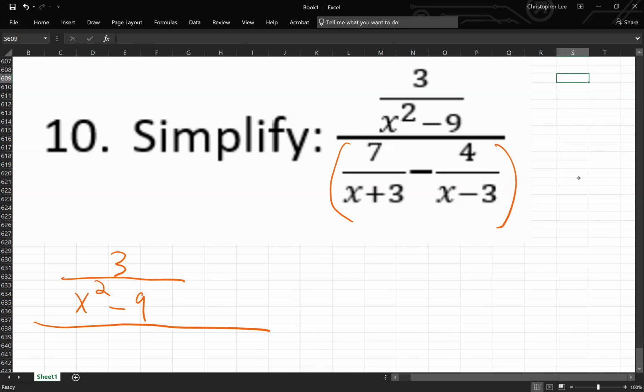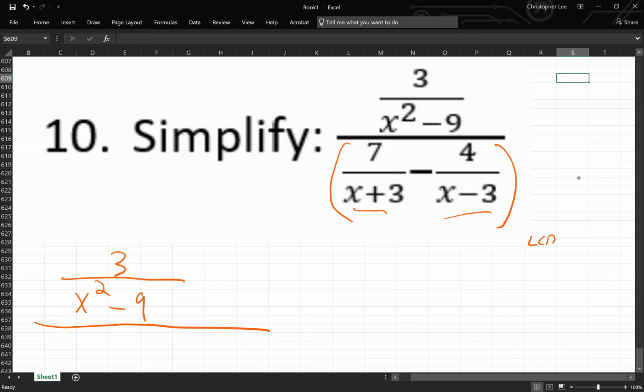On the bottom, right, what's the LCD? Between x plus 3 and x minus 3, what's the LCD? Nobody? All right, just multiply them together, right?